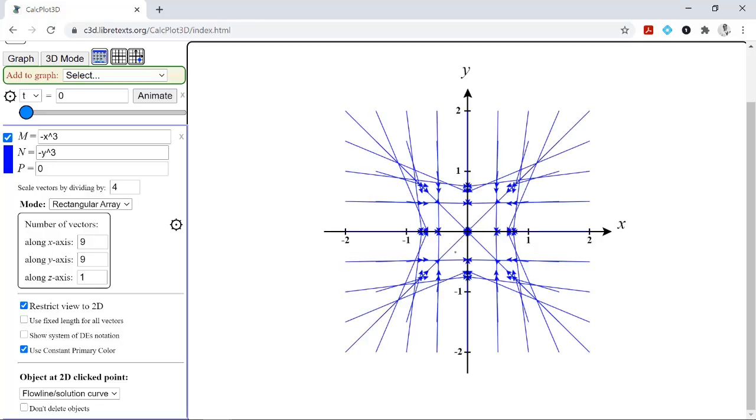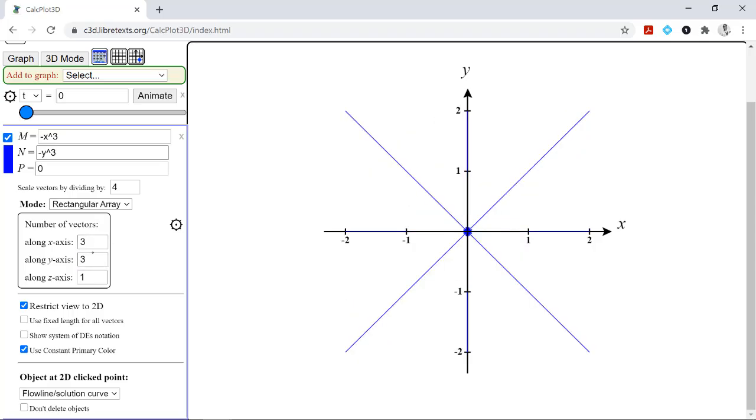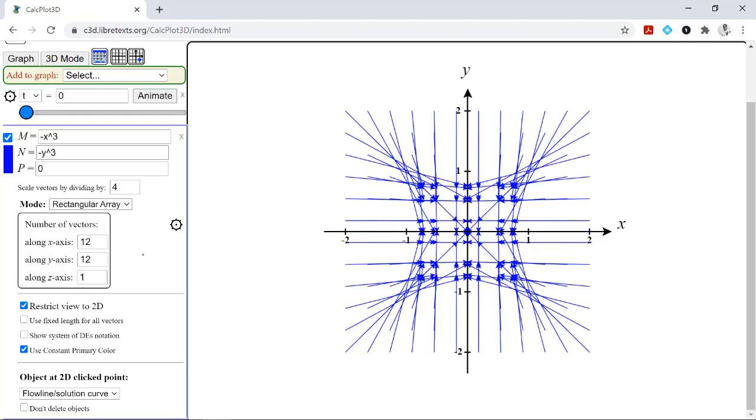And it looks rather confusing. It looks like it's going inward, and so if you want to do fewer vectors to try to see what's going on, you can change these values and see fewer vectors. If you want to see more vectors, you can change these values again and see more vectors.